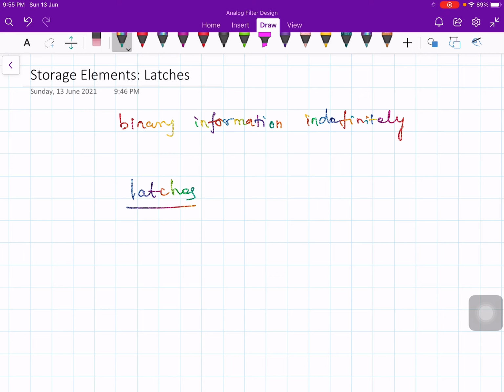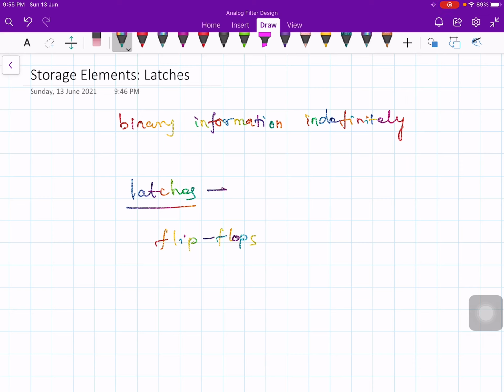So how your signal levels are going to be applied. Sometimes the clock signal is used to control, and those are called flip-flops.